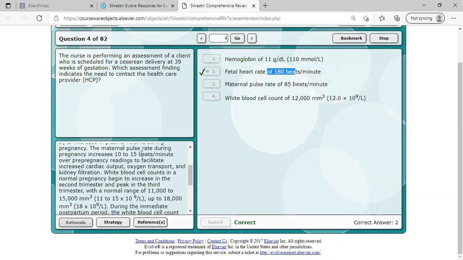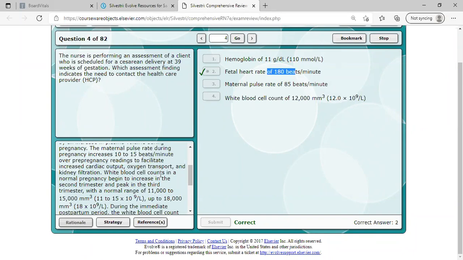The maternal pulse rate during pregnancy increases 10 to 15 beats per minute over the pre-pregnancy reading to facilitate increased cardiac output, oxygen transport, and kidney filtration.